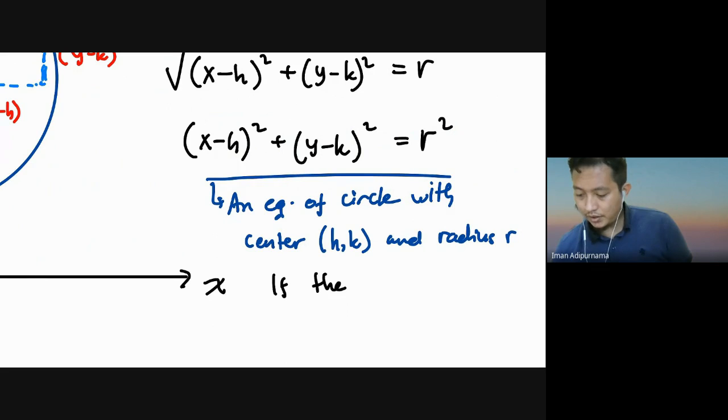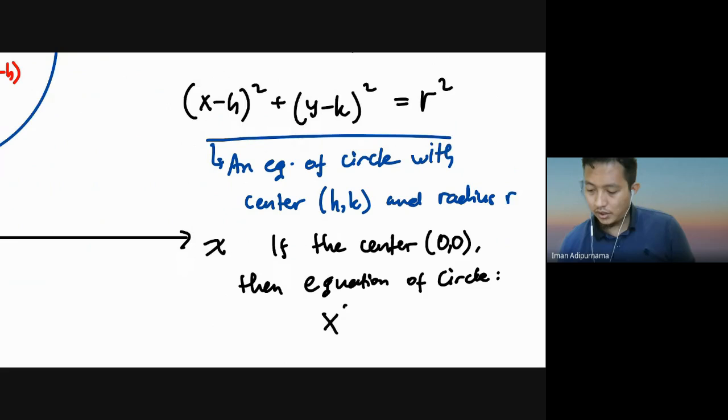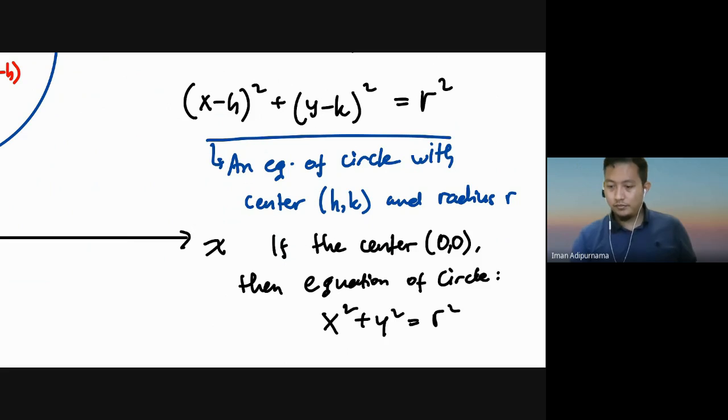If the center is 0, 0, then the equation of the circle will be x squared plus y squared equal r squared. Let me write this.